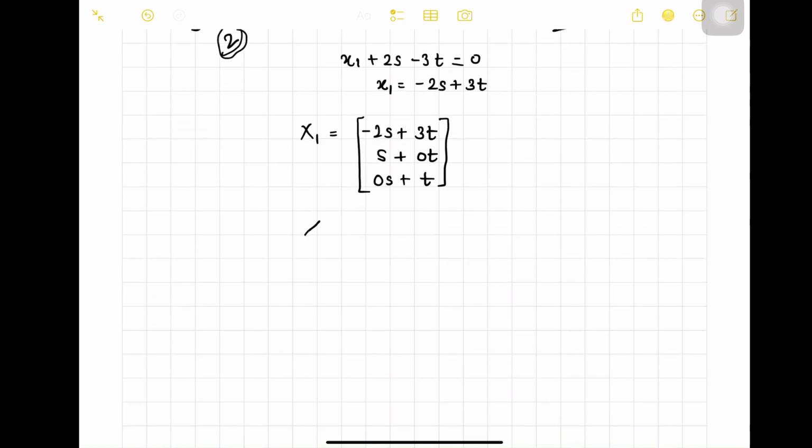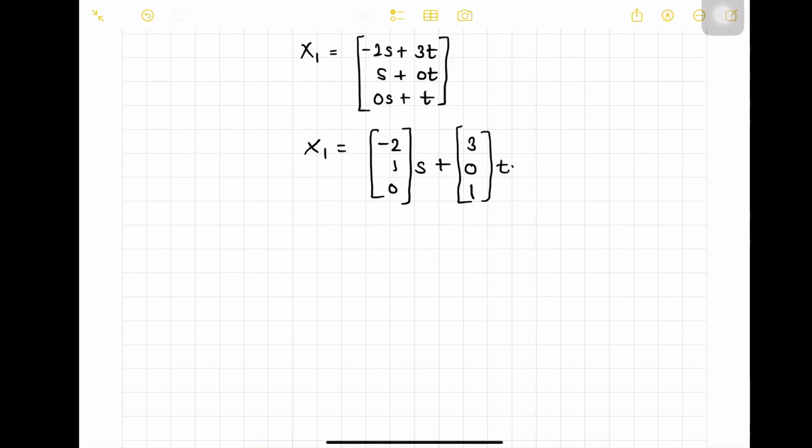So we can simplify this x1 by separating both of these out. This will give us minus 2, 1, 0, taking s common, plus 3, 0, 1, taking t common. Thus we get two eigenvectors.